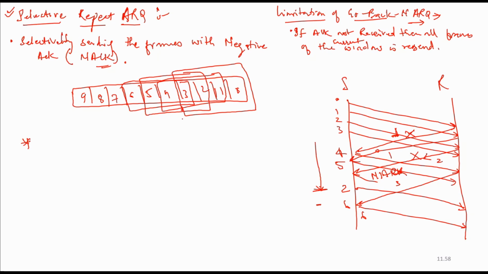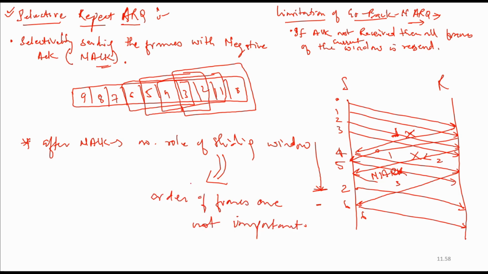Once the negative acknowledgement is received, meaning that packet was not received, there is no role of the sliding window. The packets will be sent one by one, with acknowledgements received. One more thing: because there is no role of the sliding window here, the order of the frames is not important.